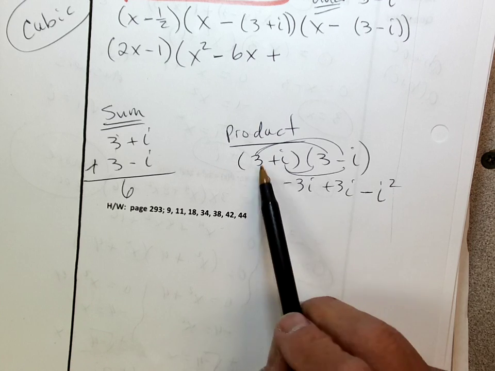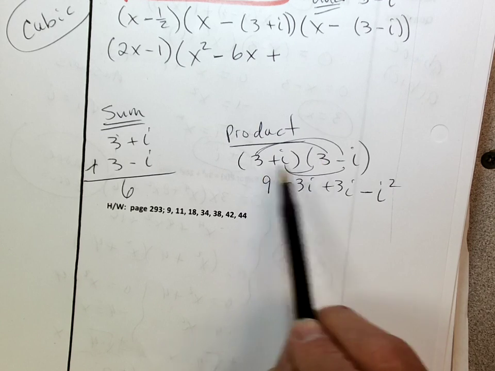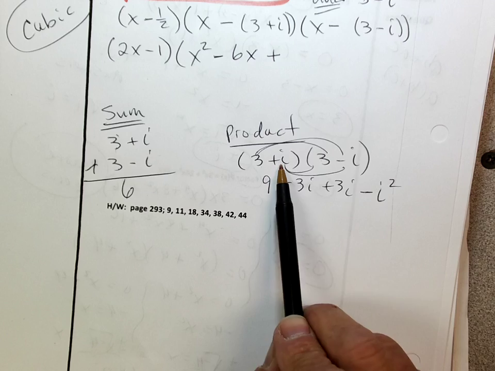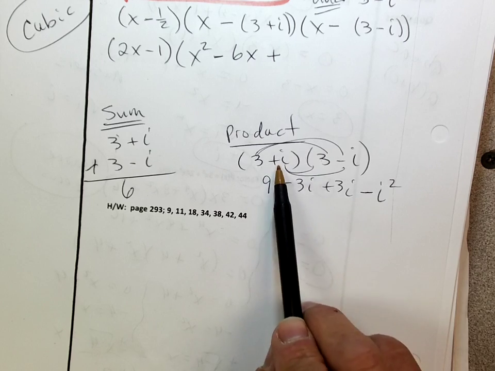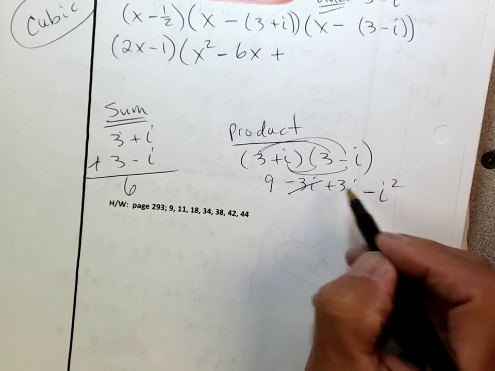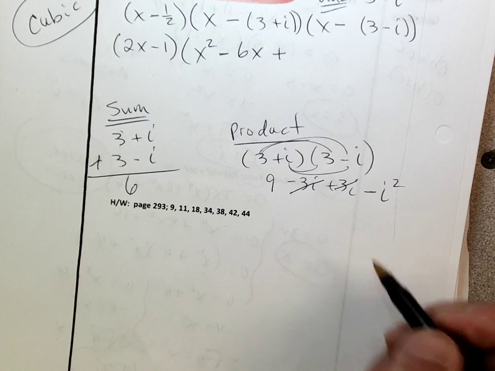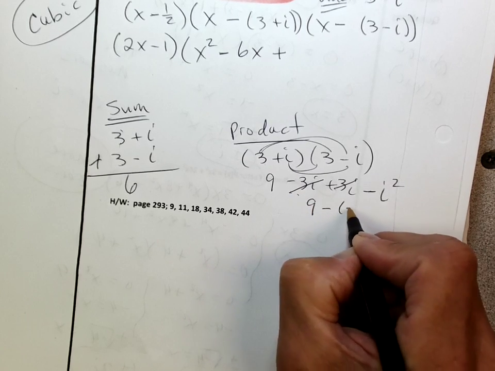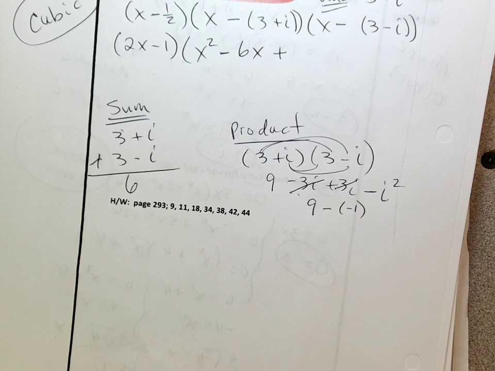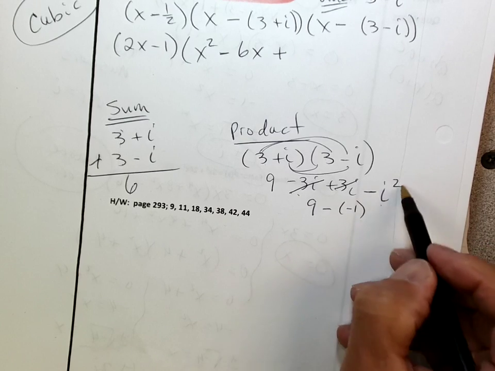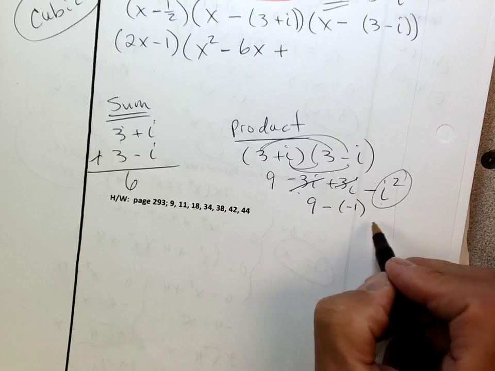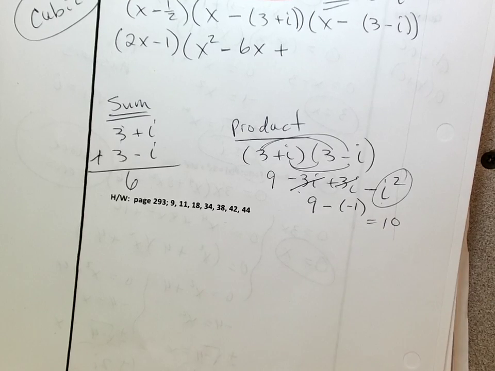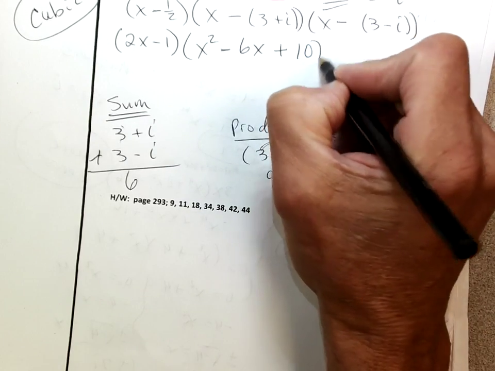So I just multiplied 3 times 3. 3 times negative i times 3. And i times negative i. These two cancel, right? 3i, negative 3i. Of a 9 minus a negative 1, right? Negative 1 from the i squared is negative 1, which makes 10. Okay?